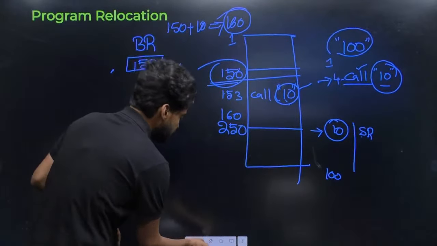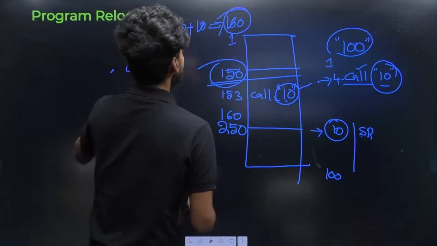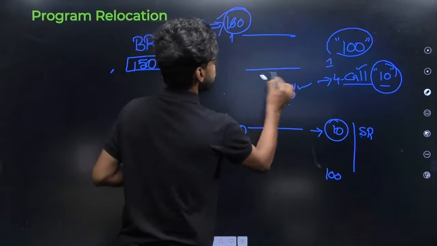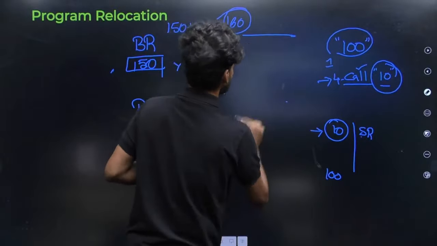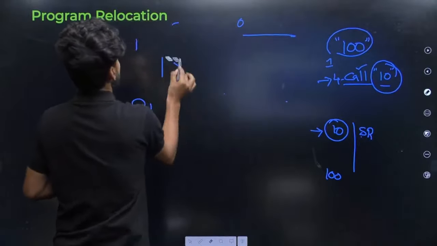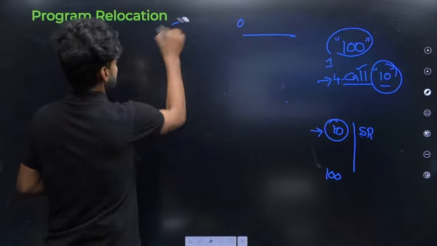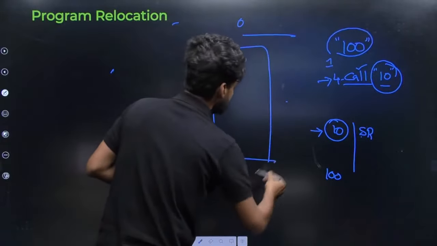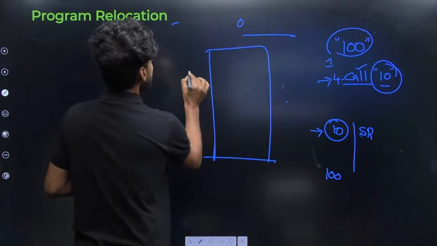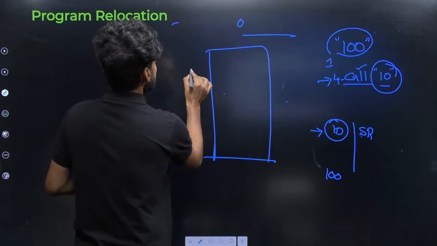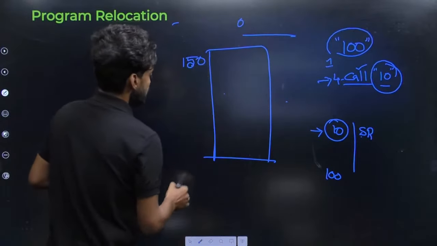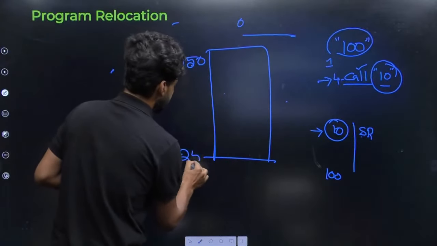The second way is to use the program counter to go to the appropriate location. How can you use the program counter? I will tell you a way. Now let us say the computer system loaded your program from 150 to 250.